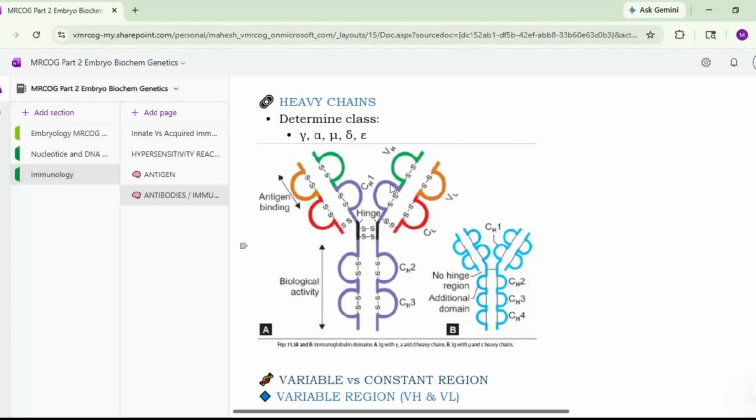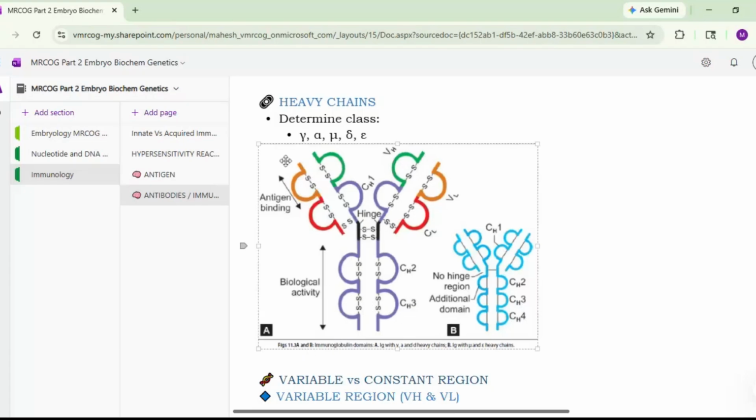The constant portion has CH1, CH2 and CH3. A few heavy chains will have the CH1, CH2, CH3 formation, while a few antibodies' heavy chains will have CH1, CH2, CH3 and CH4 also. So these are the two different things.